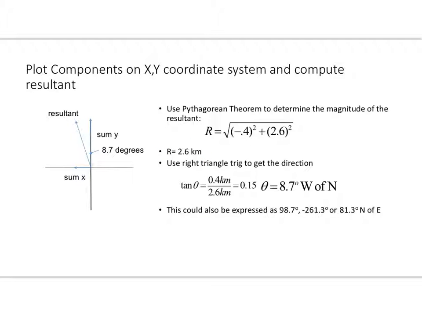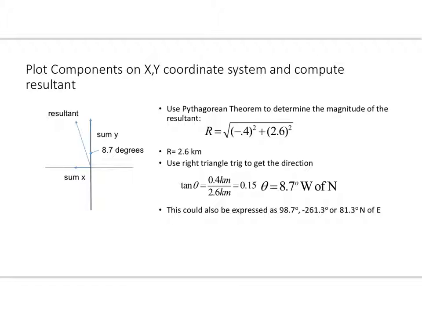And then the last thing to do would be to determine the angle. Since this is a vector quantity, you'd have to know the direction of the angle. So we're going to use right triangle trigonometry. Here is the angle that we want to determine. So I'm going to use tangent of theta equal to the opposite side, which remember is this vector transferred up here.